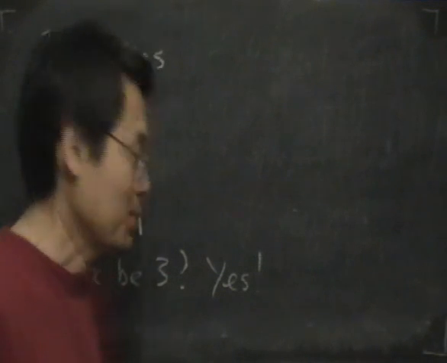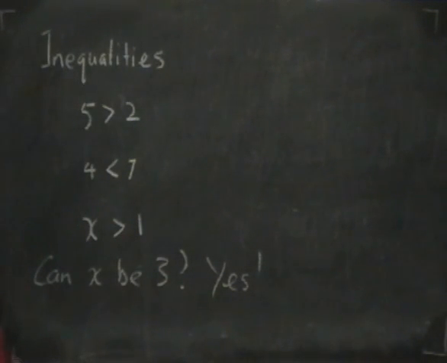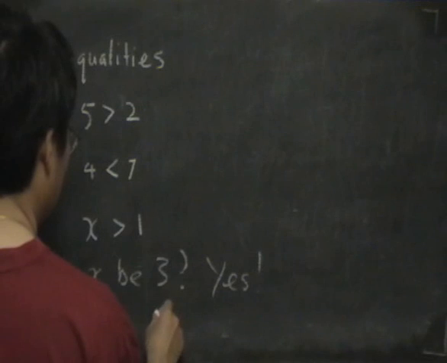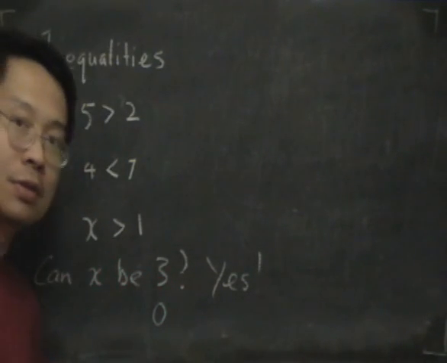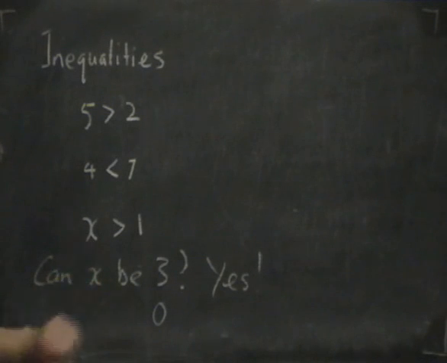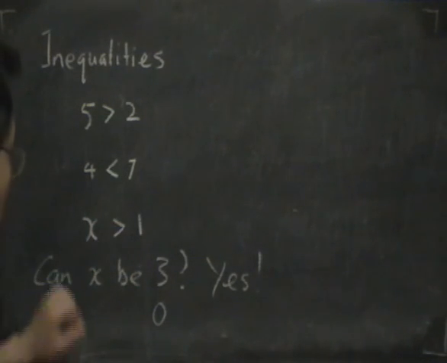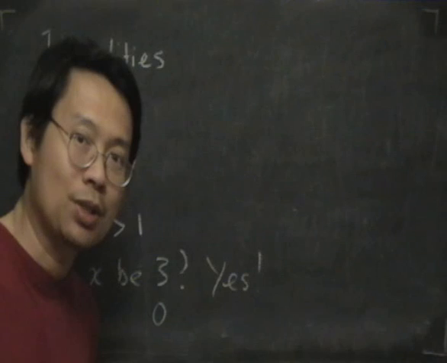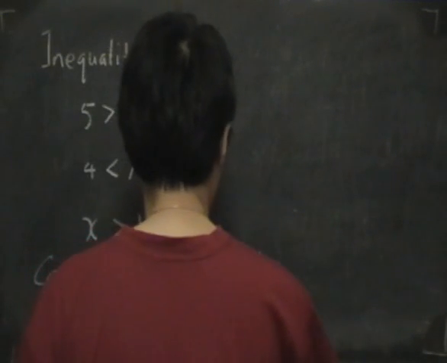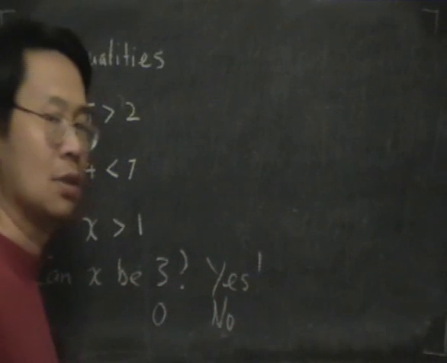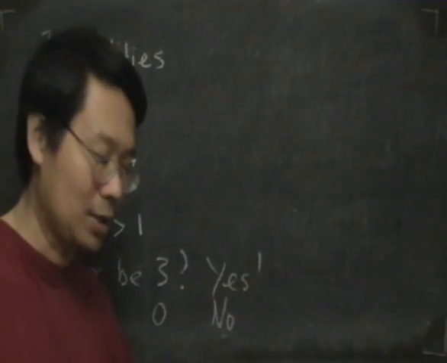Can x be something else? Right. Can x be, say, 0? So x is a number that's greater than 1. Is 0 a number that's greater than 1? No. It is not. Now you're beginning to get the idea.